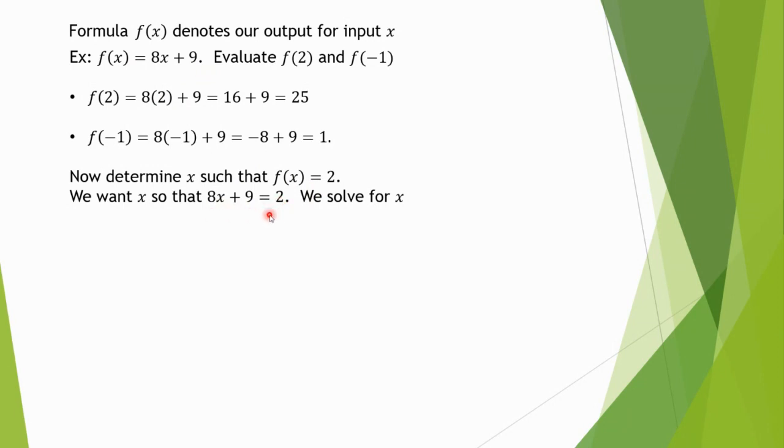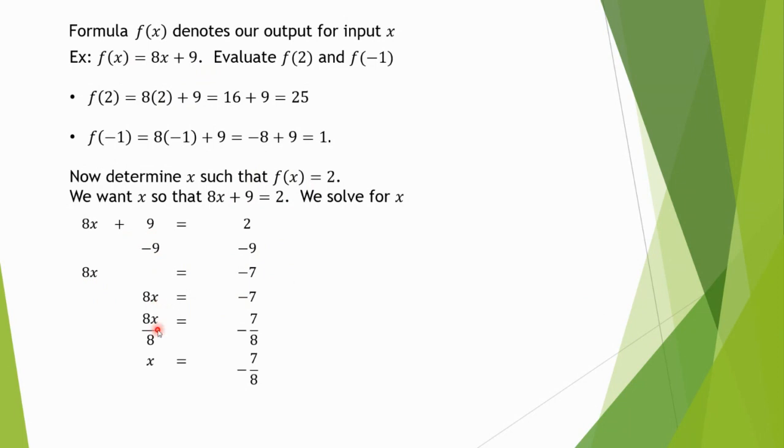How are we going to pull that off? We're going to use some basic algebra. You want to isolate x. You're solving an equation. We have 9 here, so let's get the 9 out of there by subtracting. 9's gone. We have negative 7, so 8x is negative 7. We don't want 8x, though. We want x.